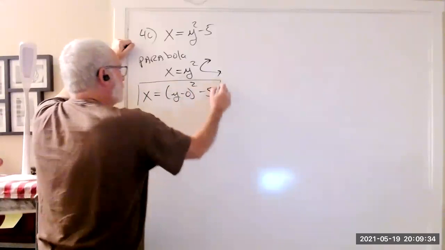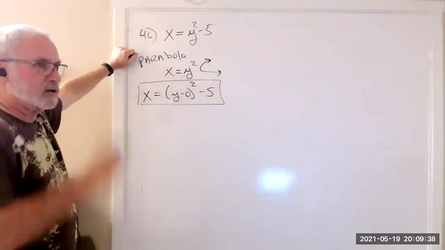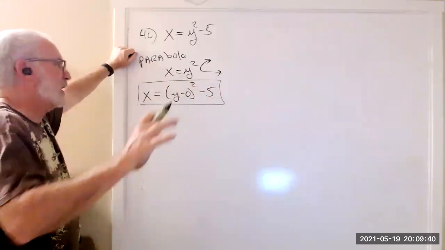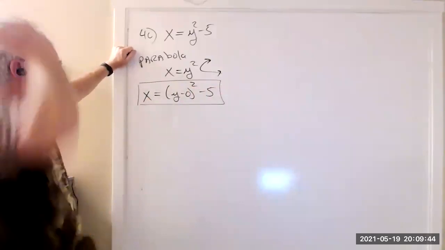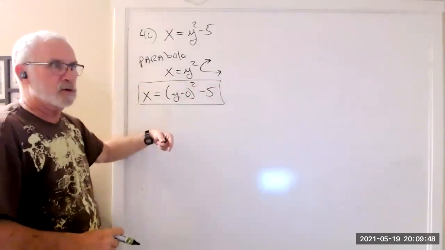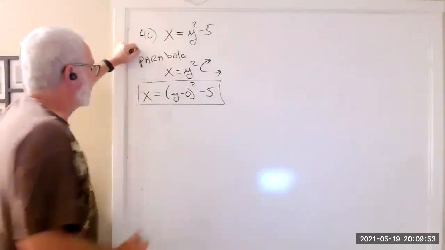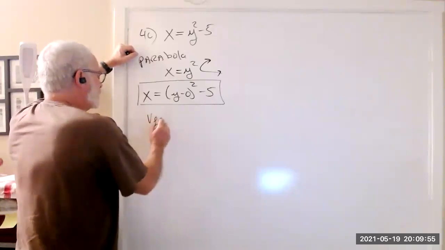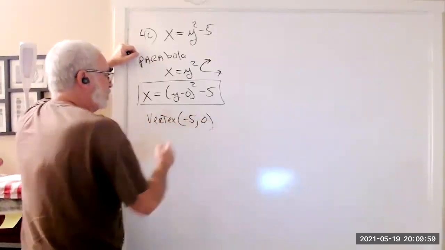Remember, we talked a little bit earlier about how you can always add or subtract zeros because they won't change the problem. They'll change what it looks like, but not what it's worth. By sneaking the 0 in here, I know my vertex is -5, 0.